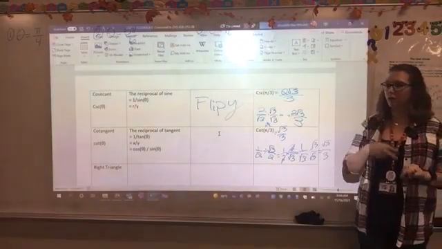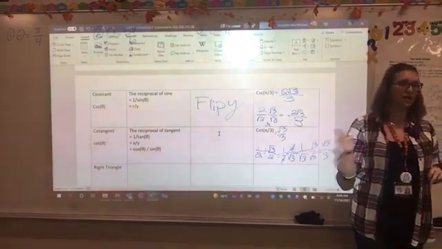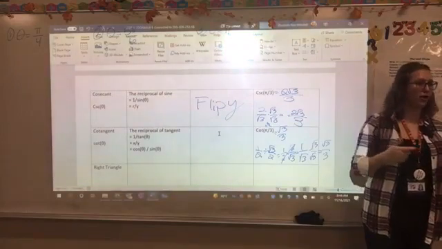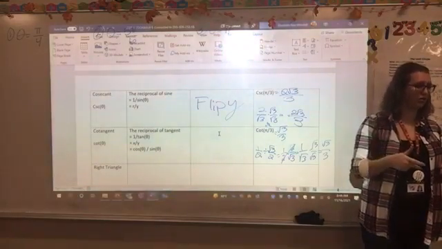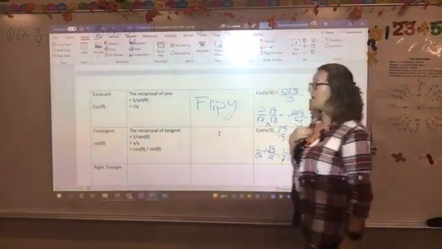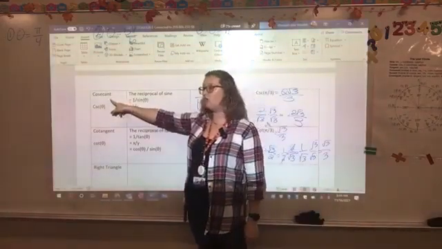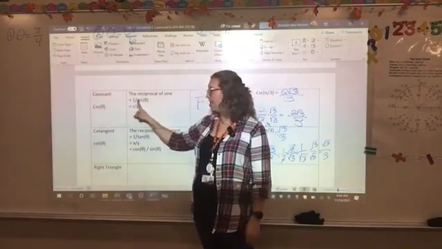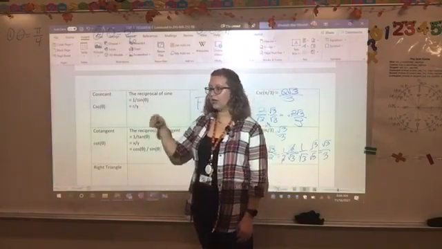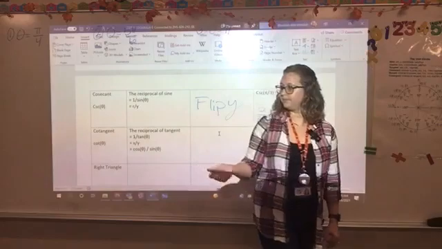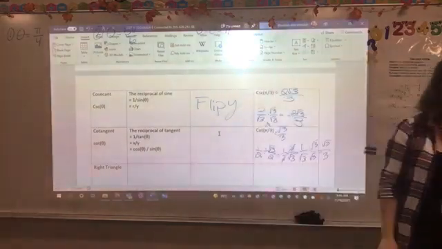Your calculators will not find them without you altering sine, cosine, and tangent. That's why it was important that I put 1 divided by sine. If you want to find cosecant in a calculator, you're going to have to do 1 divided by sine. Does that make sense?